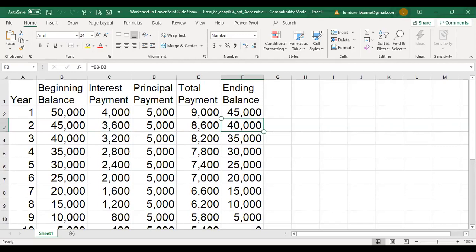And then it takes the amount in B3, which was the beginning principal, subtracts the $5,000 payment in D3 to get the ending balance. And if you know how to copy these formulas, you could just copy everything down and it'll automatically calculate for you. So practice that a little bit if you're interested in Excel.